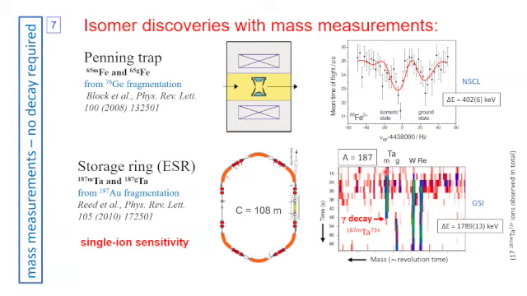So here there's a single ion of tantalum 187 in an isomeric state. As time progresses, it continues to circulate, and then suddenly it decays, and it must be gamma decay to its ground state.